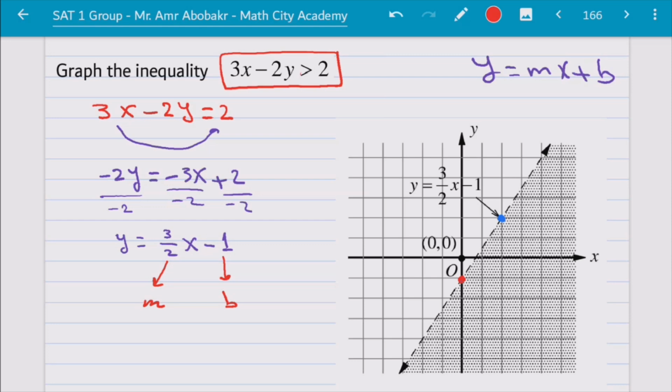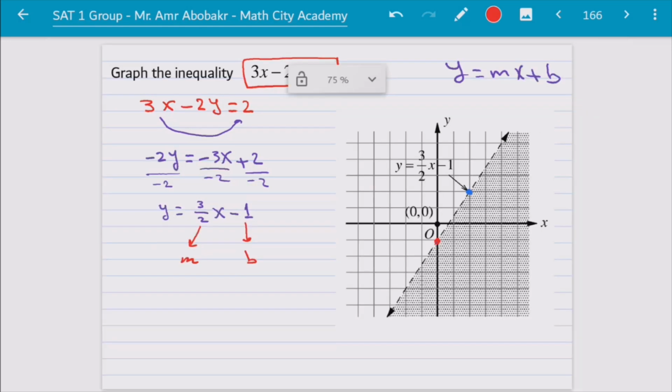How can we make it? 3x minus 2y greater than 2. Bring it to the other side, as we are talking here about the equation.